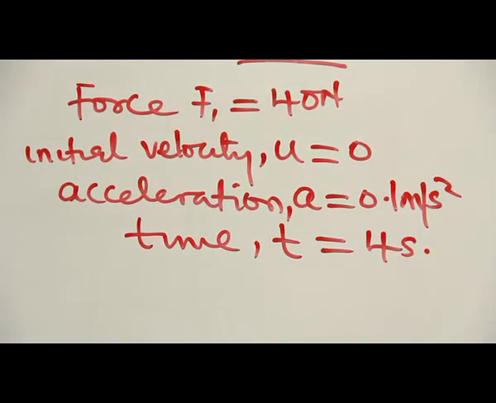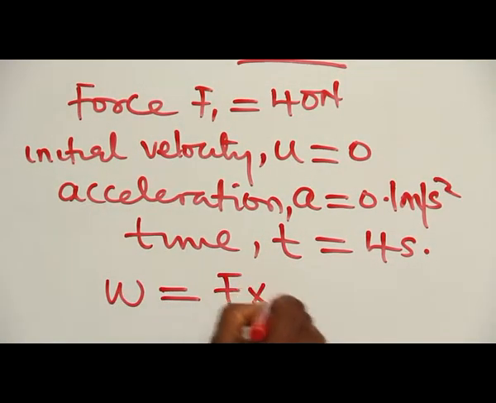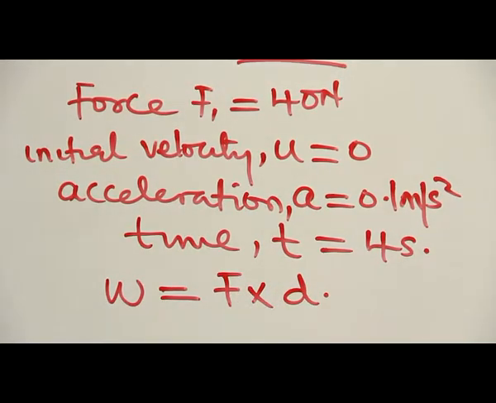To determine work done by the force, we need the force and we need the distance covered by the body, because work done is force times distance. So first we have to determine the distance covered by the body.